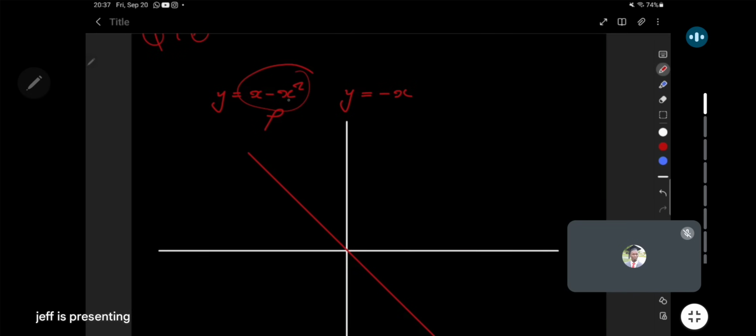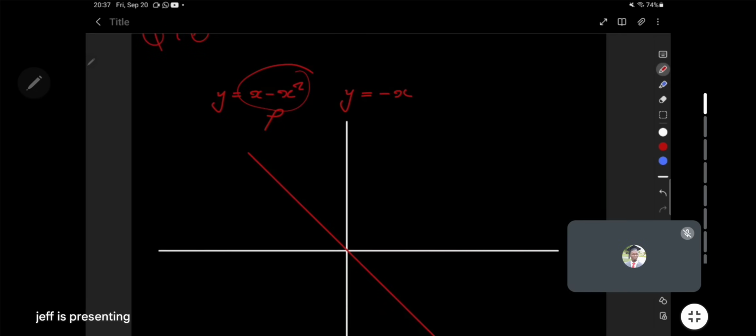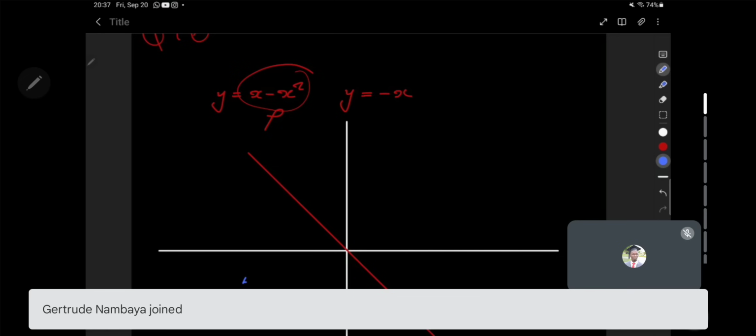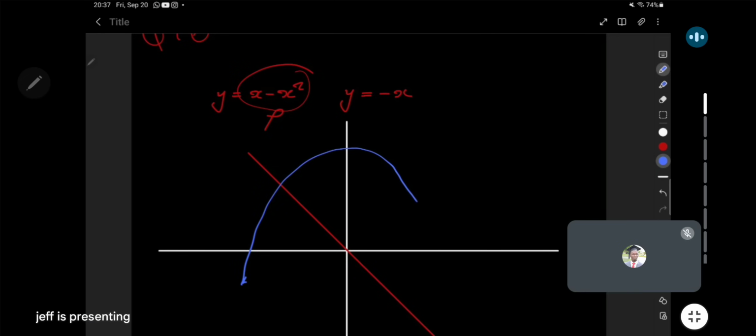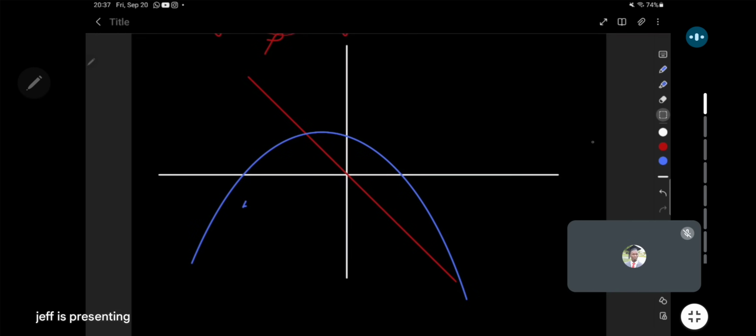Seeing that the x squared term has a negative coefficient, it means that this has a maximum turning point, so we expect this one to curve downwards. Here first, I'm just placing them here. I don't really know where they're passing and so on. So we're just placing them there.